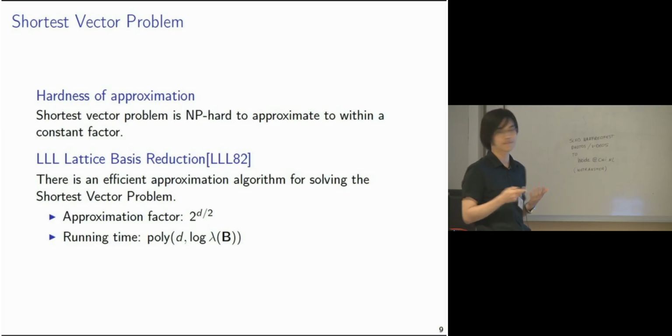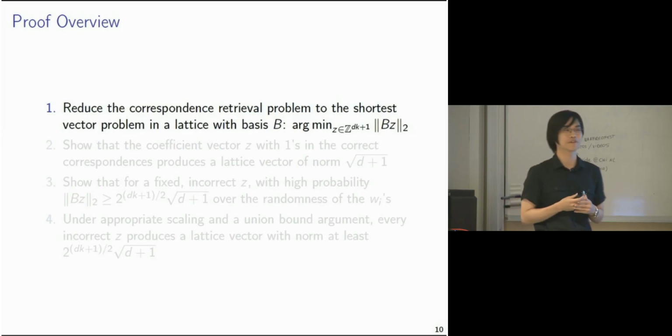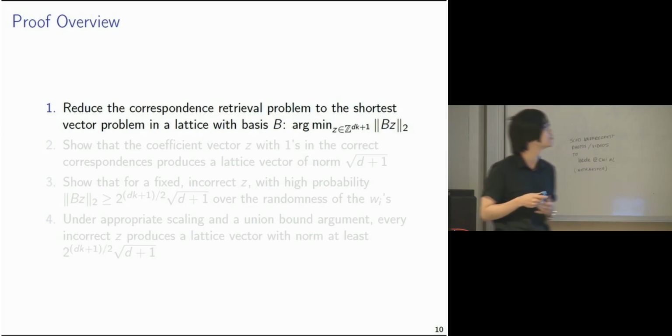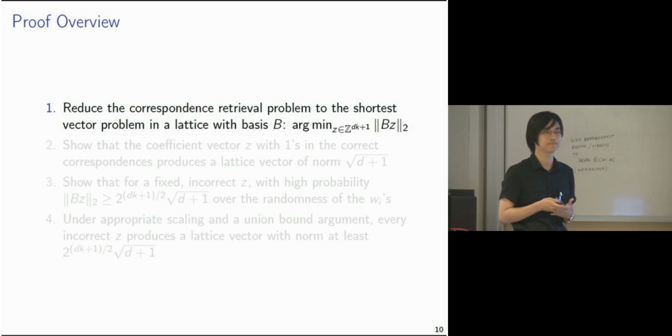Now that I've introduced these tools, briefly the steps of the proof go as follows. First we reduce this learning problem to the shortest vector problem with a certain explicit lattice basis.